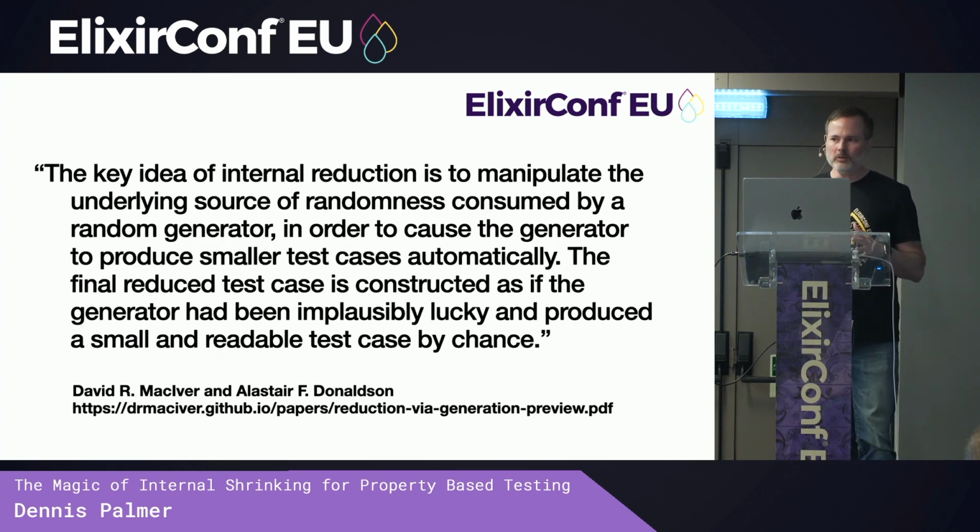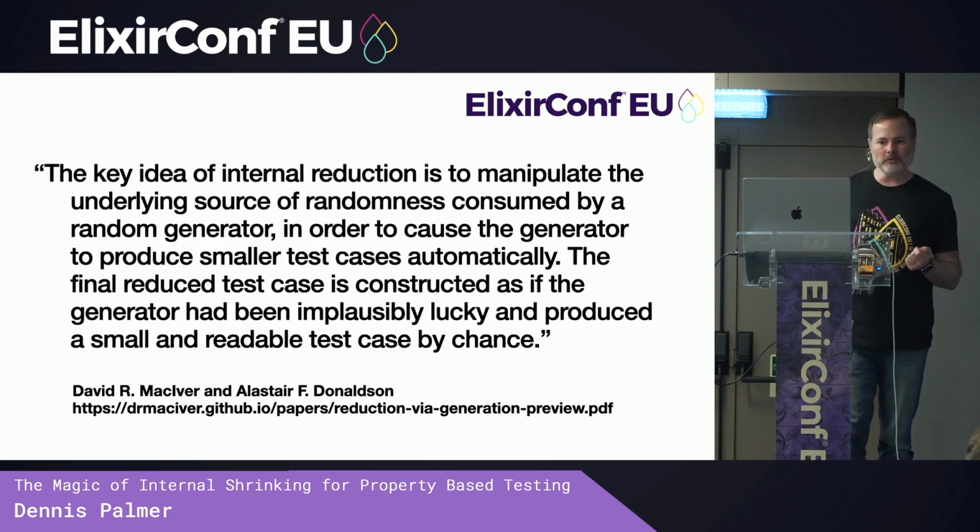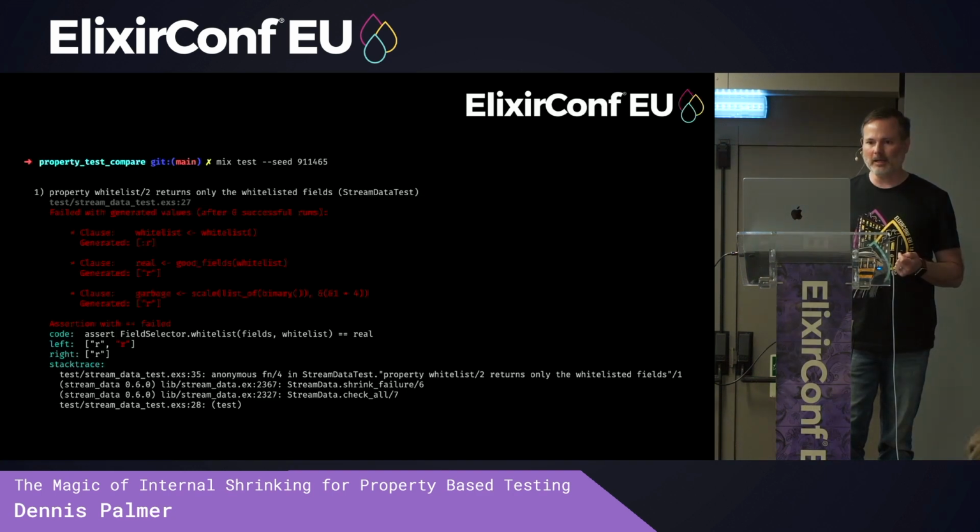While I was preparing this talk and that demo app of comparing the tests, I ran the tests a bunch of times to find what seed I wanted to use to show the example. And I discovered something that actually surprised me. There's a seed you can use with that demo project that causes stream data to give a small readable example.